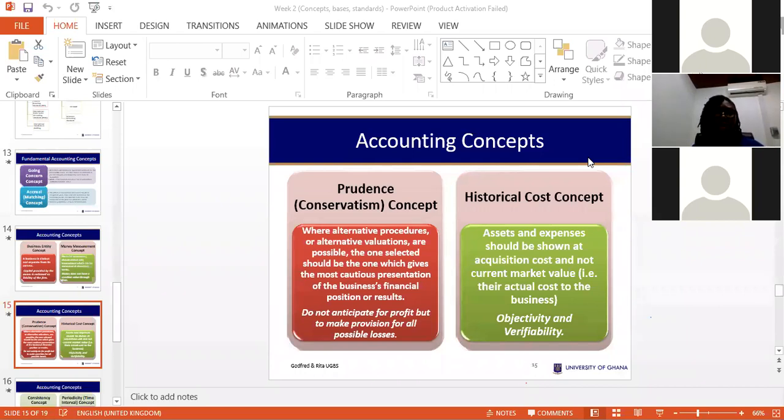So anytime the business intends to shut down, you must stop using acquisition costs and use the market values, because it is the market values that we will use to sell the assets to be able to pay everybody.